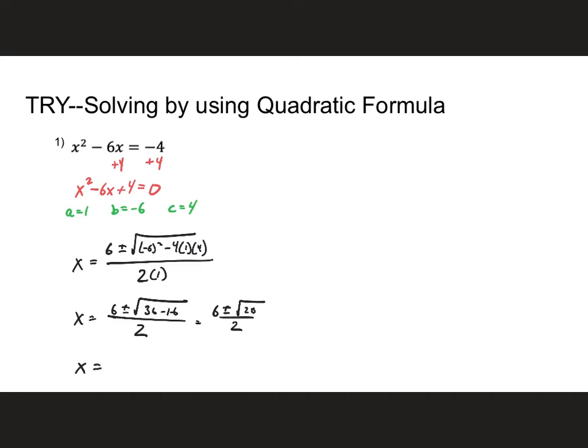I'll simplify the radical, the square root of 20. That is 2 square roots of 5 over 2. Simplify my fraction, because again, 6, 2, and 2 are all divisible by 2. So I'll get 3 plus or minus the square root of 5. Boom.